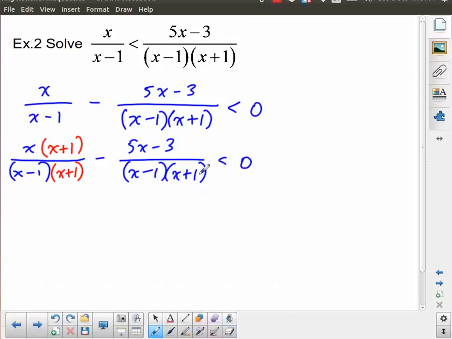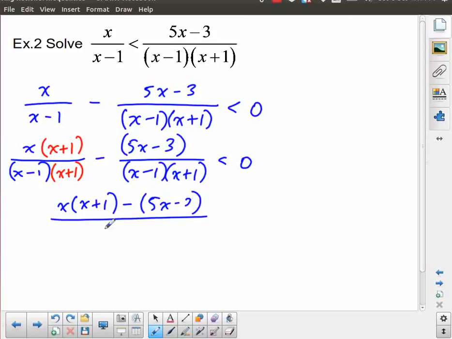Now I could have combined these all at once, but I just wanted you to see that. So that becomes x times x plus 1 minus, now this is minus this whole numerator in brackets, so this is minus 5x minus 3 over x minus 1 x plus 1 less than 0.